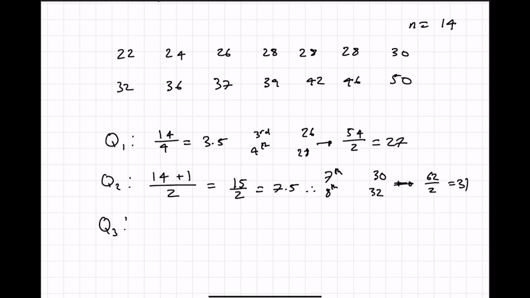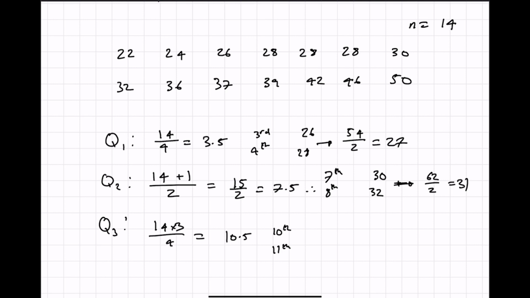And finally, for the last one, 3 times n over 4. 14 times 3 is 42. So 14 times 3 over 4. So 42 divided by 4 gives us 10.5. So that means we need the 10th and the 11th numbers.